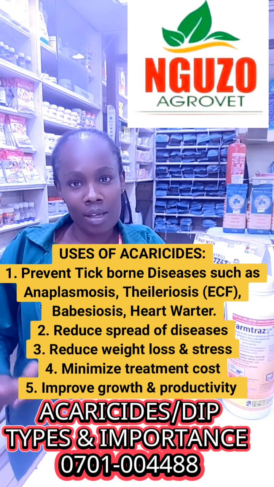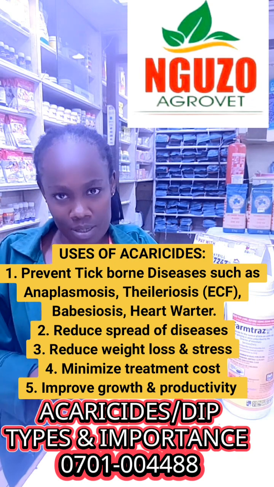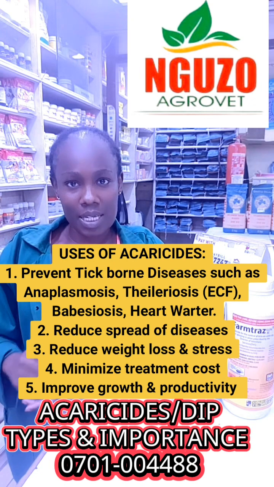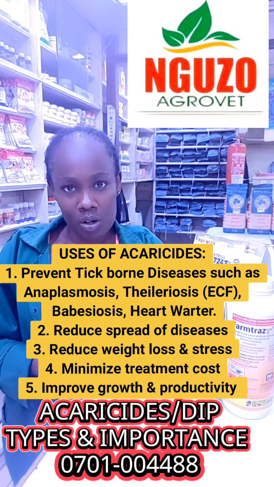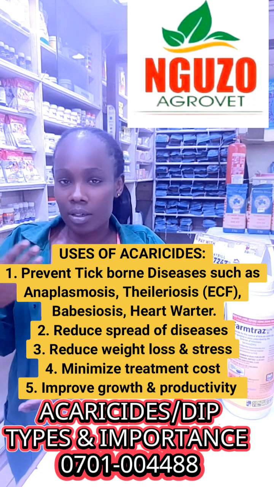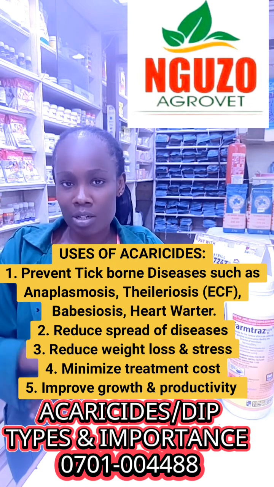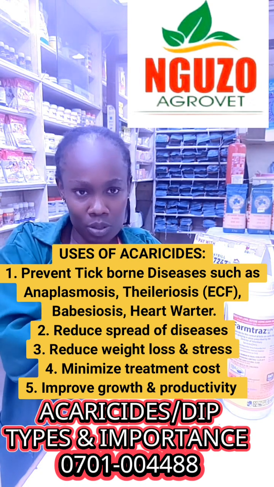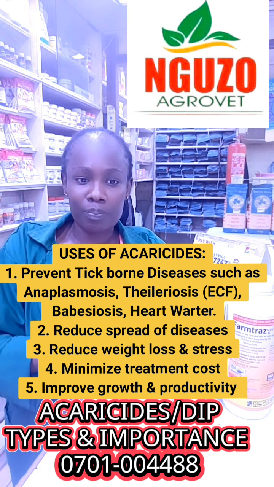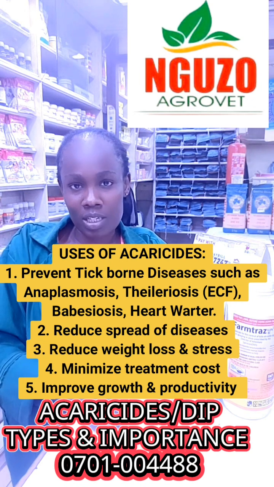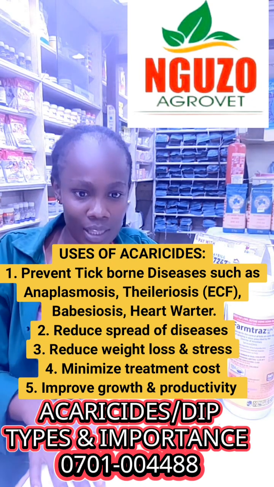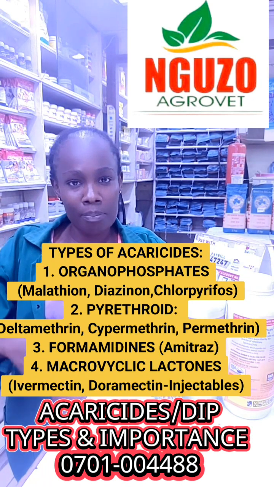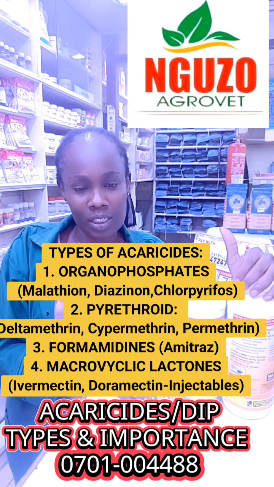All those are caused by ticks. It reduces the spread of diseases by sucking blood, reduces weight loss and stress, helps minimize treatment costs since treatment of tick-borne diseases is very expensive, reduces the spread of diseases from one area to the other, and also improves growth and production.